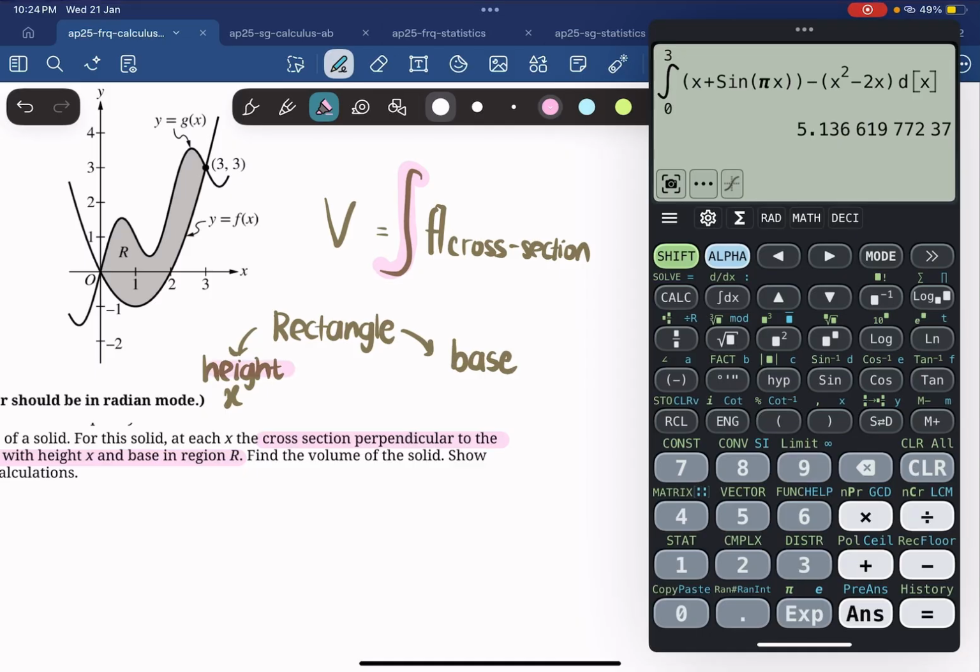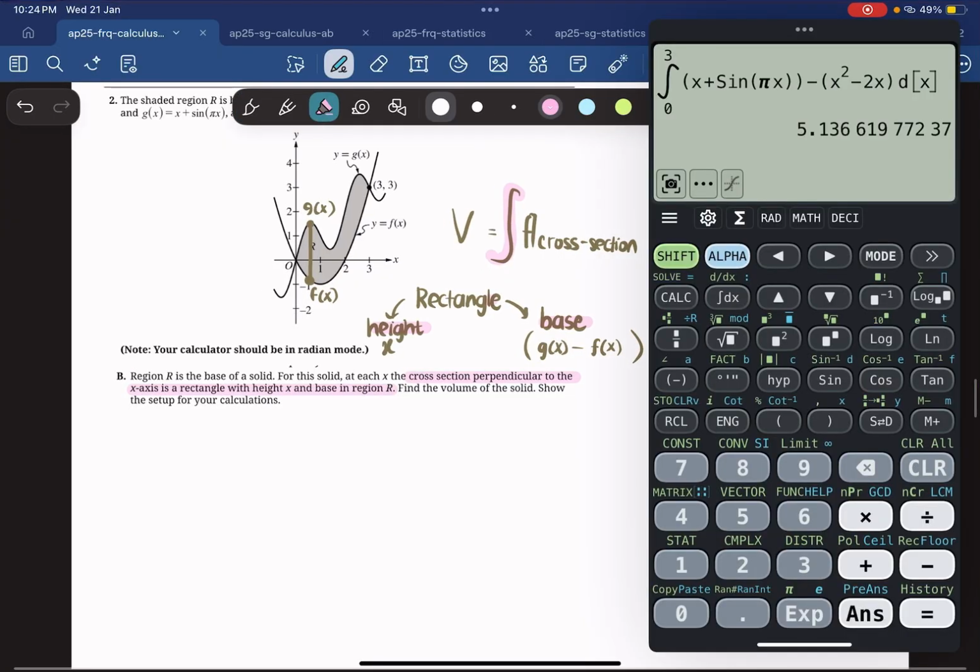If the height is x, the base in the region R means above minus below. Inside the region, above minus below is just g of x minus f of x. So the base is going to be g of x minus f of x. And the height is x.